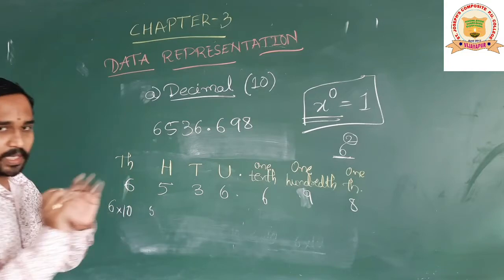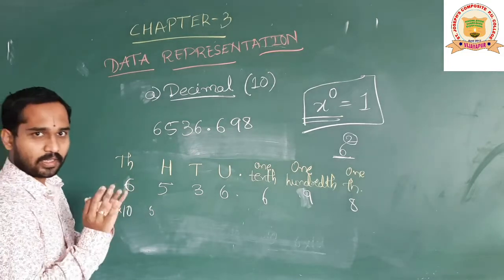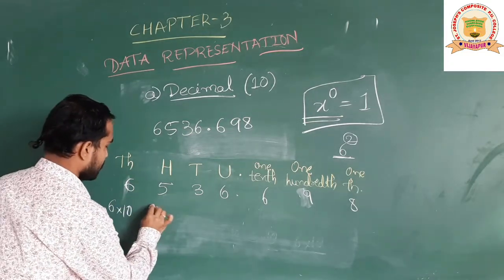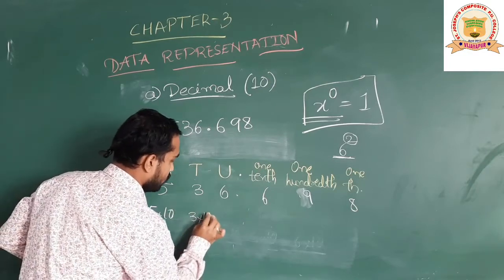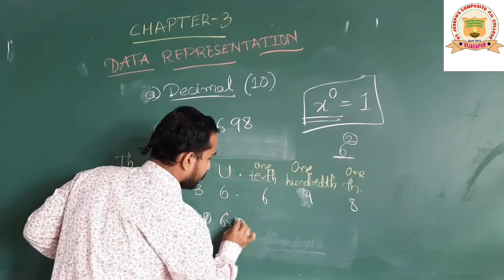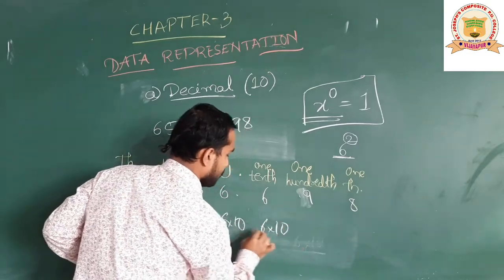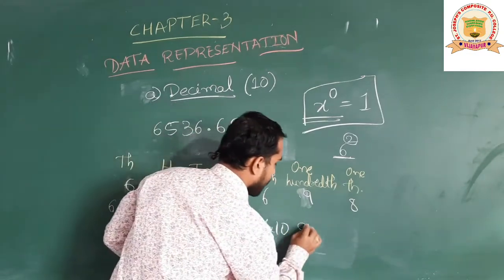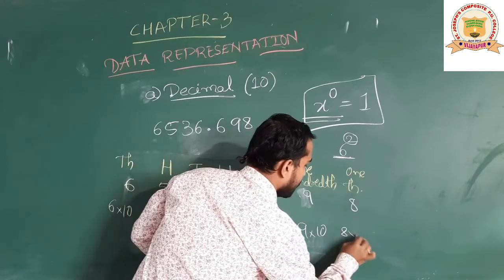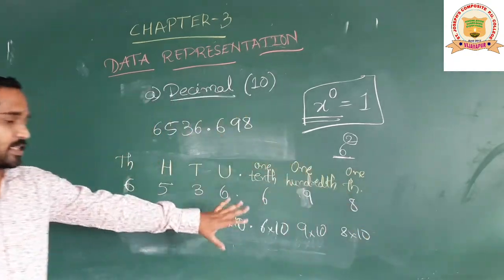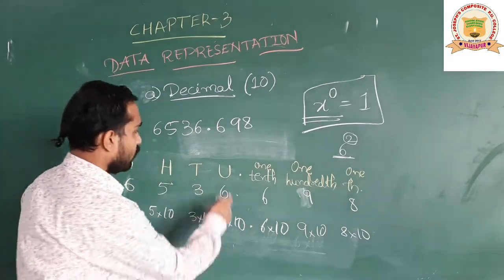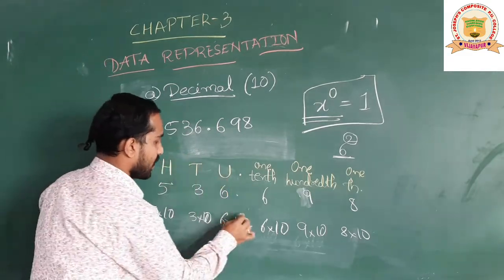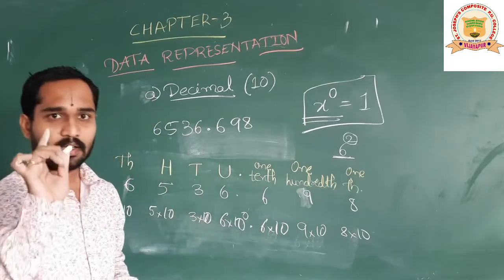First, just write the base. We will do it easier. 6 into 10, 5 into 10, 3 into 10, 6 into 10, then point, then 6 into 10, 9 into 10, then 8 into 10. This is what we have. What are the exponents? The units place will always have 0 as the exponent.